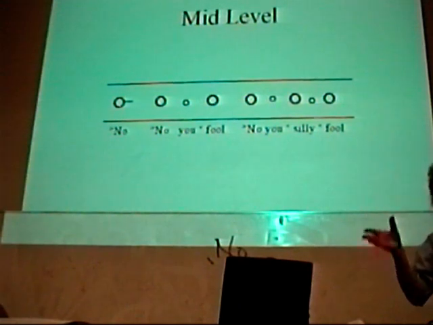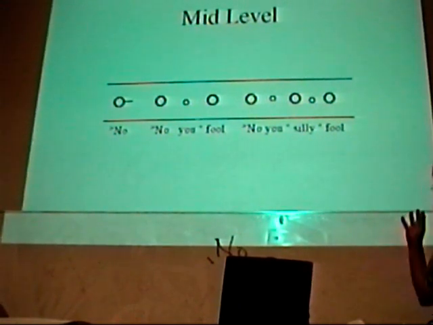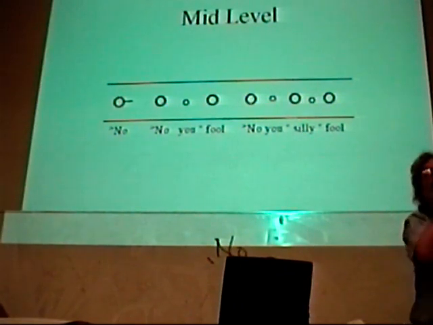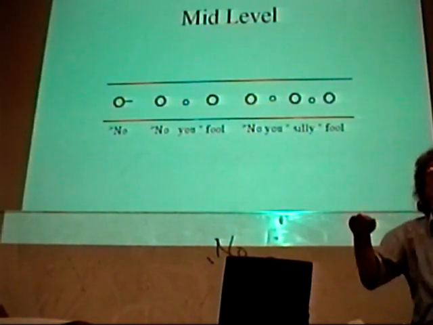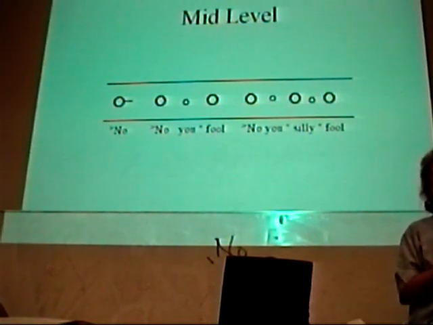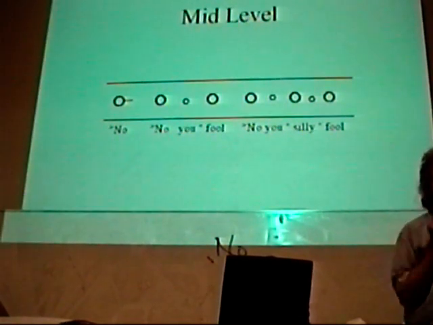Now all of those, the high fall, low rise, high rise, mid-level, are what we might call simple nuclear tones because they do one thing, they fall, or they rise, or they stay the same. Unfortunately, there are some more complex nuclear tones which sort of change their mind halfway through.